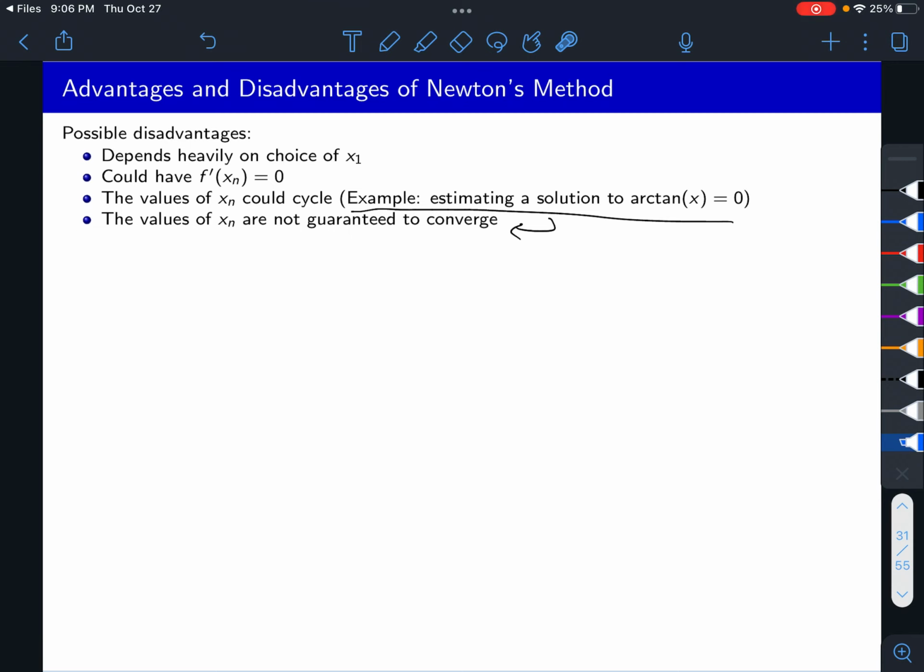So there's no guarantee that this method is going to give you something super approximate. The whole point of this section is not so much that Newton's method is a great way of approximating things, but rather what you should take away from this section is that this is a way of approximating things.